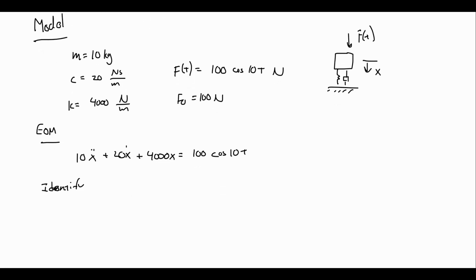So we can identify what we have here. Left-hand side, we have x as our only dependent variable, so 1 degree of freedom is going to be our system. And we're linear, and we are going to be damped because we have that x dot term, that 20x dot term, means we have a damped system.